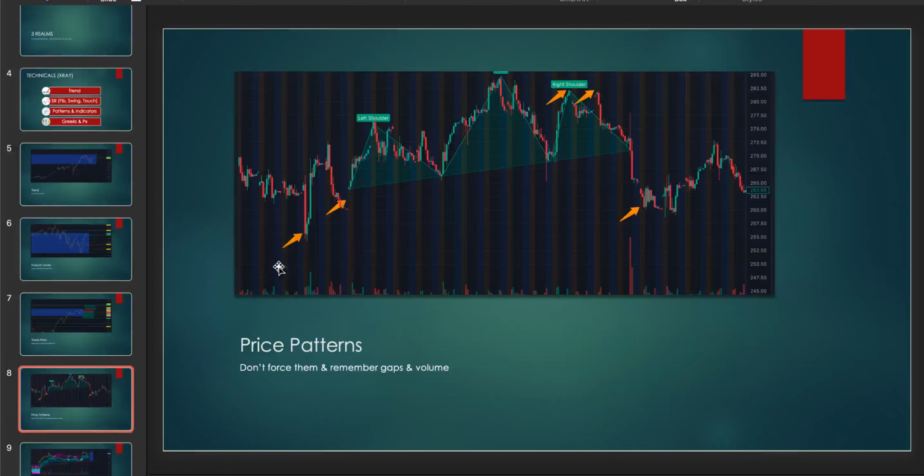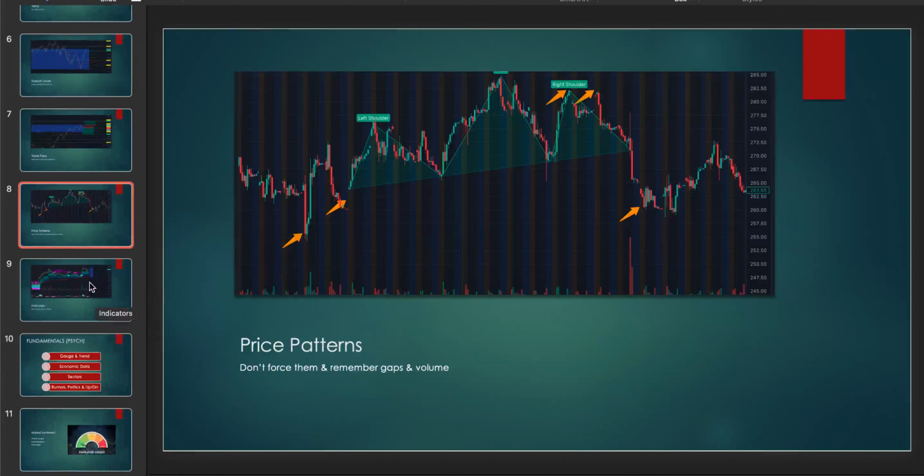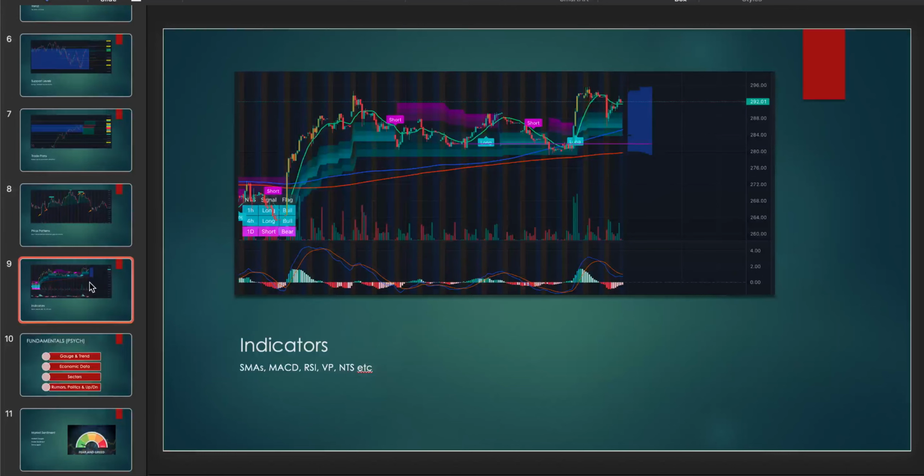All right, so those are price patterns, and only once you have trend, support levels, and price patterns do you go ahead and turn on your indicators to confirm what it is that you saw in your previous analysis. Now this is an example of the Neptune Trading System, which is NTS. This is designed by the JTW analyst here at Xtrades, and you can get that for TradingView here in our Xtrades app in the X Hub.